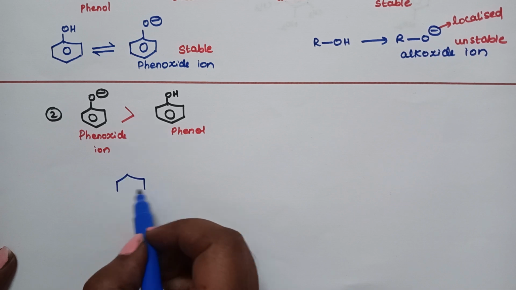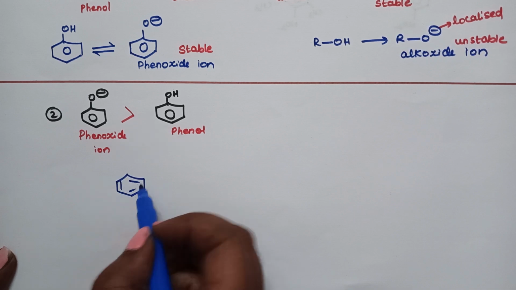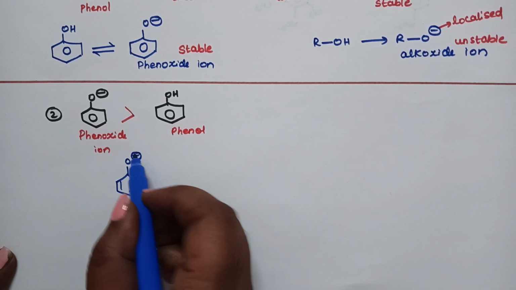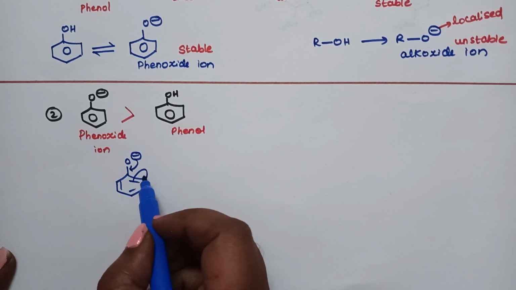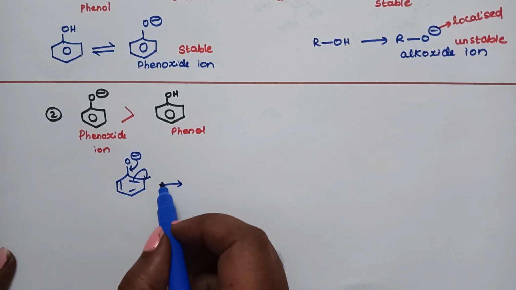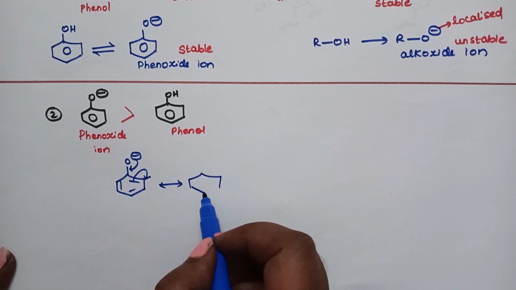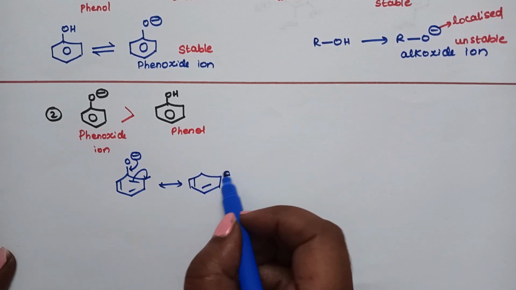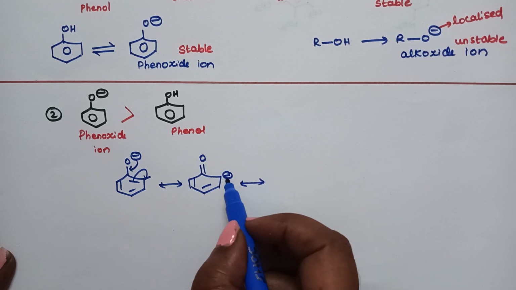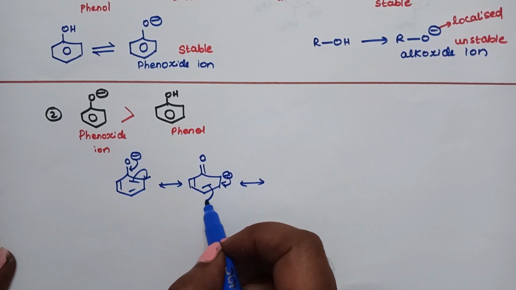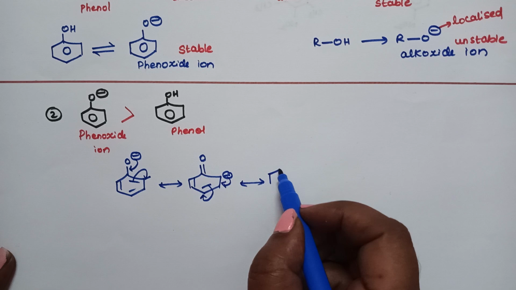So phenoxide ion, if I take first, O minus. So this negative sign will shift here. This electrons will move here. So you will get negative sign here, double bond O. This electrons will shift here. This bond will move here.